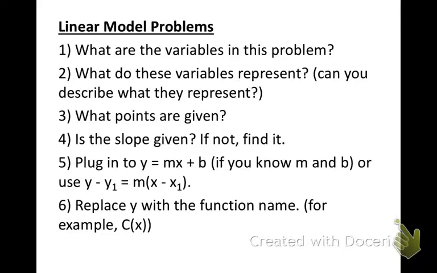You can also choose to use point slope form if you prefer that. I'm going to stick with y equals mx plus b. And then we need to make sure at the very end that if the problem requires us to, in the context, we replace the y with whatever the function name is. So for example, in a lot of cost functions, we might need to replace it with c of x. So just be aware of that function notation.